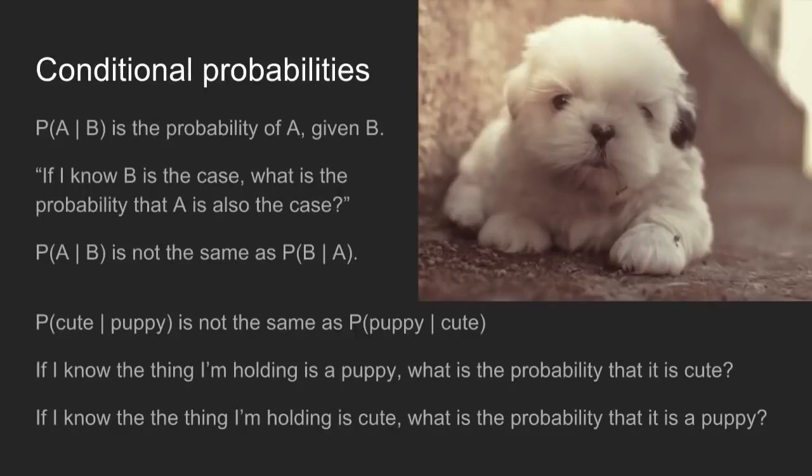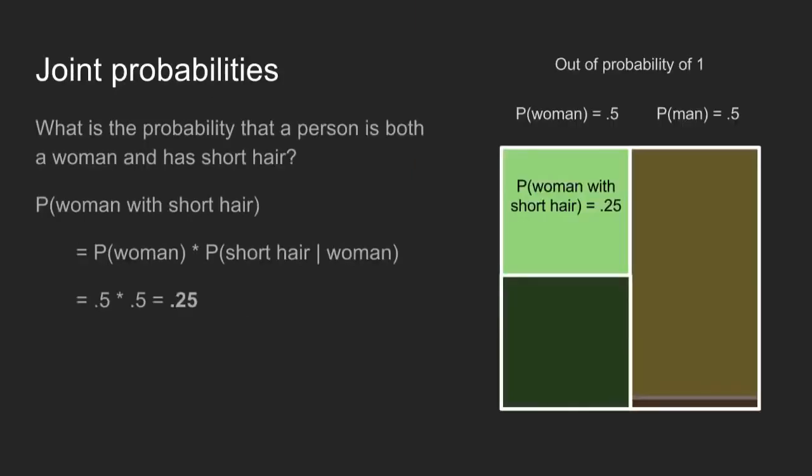The probability is very high. If I know that the thing I'm holding is cute, what's the probability that it's a puppy? Well, it might be a puppy, it might be a kitten, it might be a hedgehog, it might be a small human. There's lots of things that it could be. So the probability there is more moderate. So these things are not interchangeable in conditional probabilities.